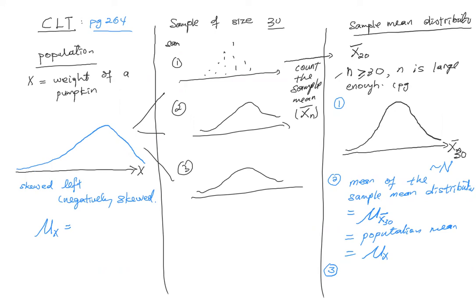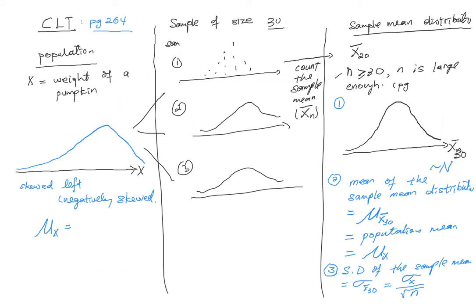So the standard deviation of the sample mean is equal to the standard deviation of the population divided by the square root of n.